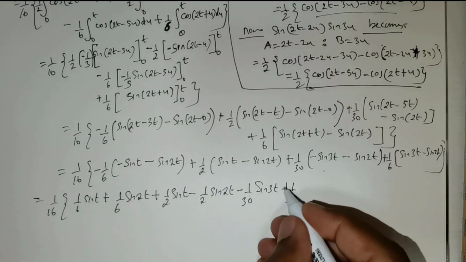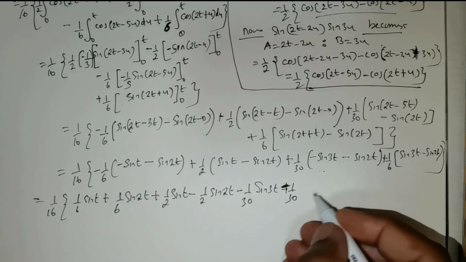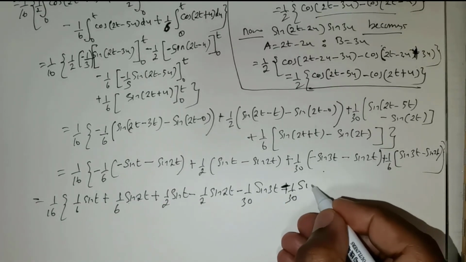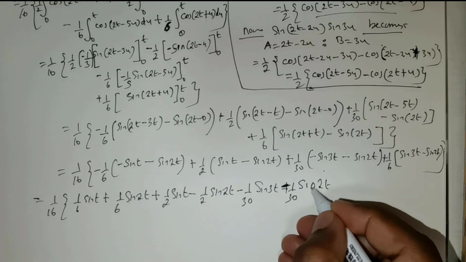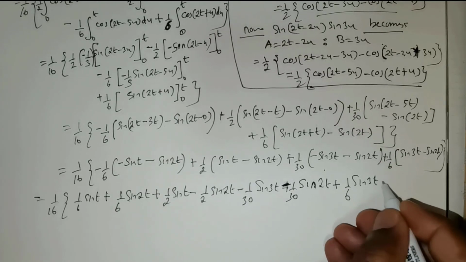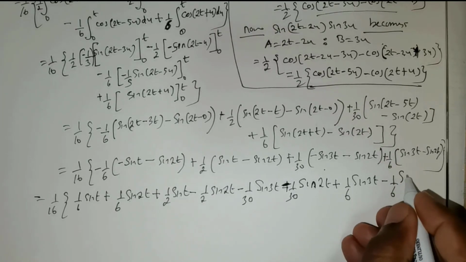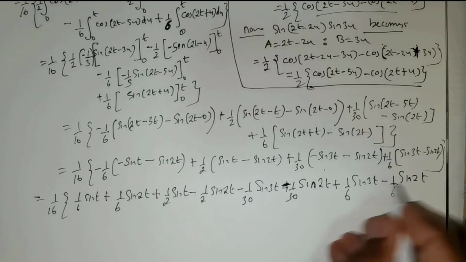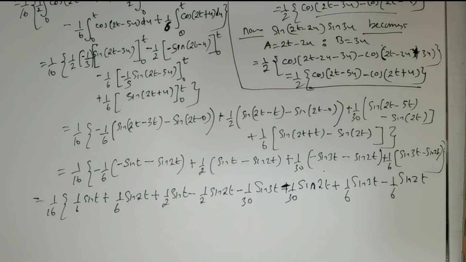This is not positive, it's negative. Negative 1 over 30 times sine 2t, and positive 1 over 6 times sine 3t, negative 1 over 6 times sine 2t. Okay, this is what we have got.